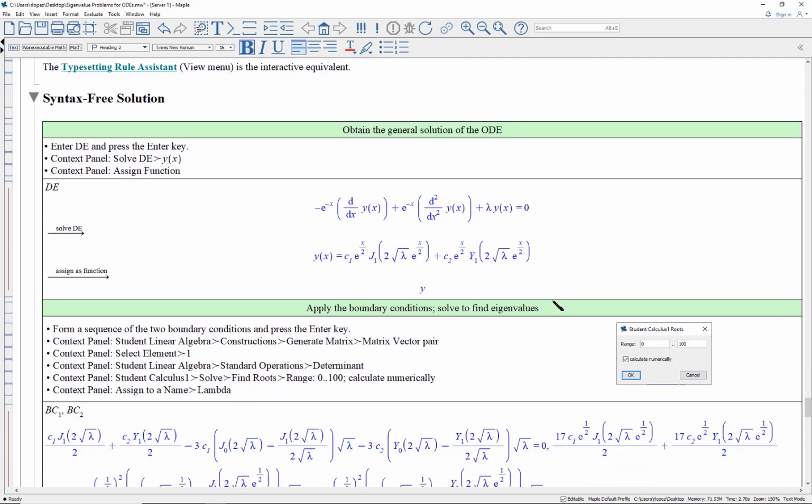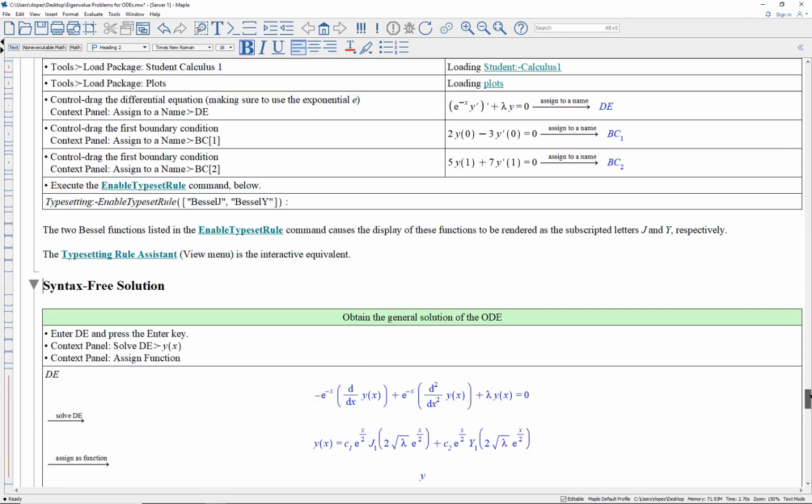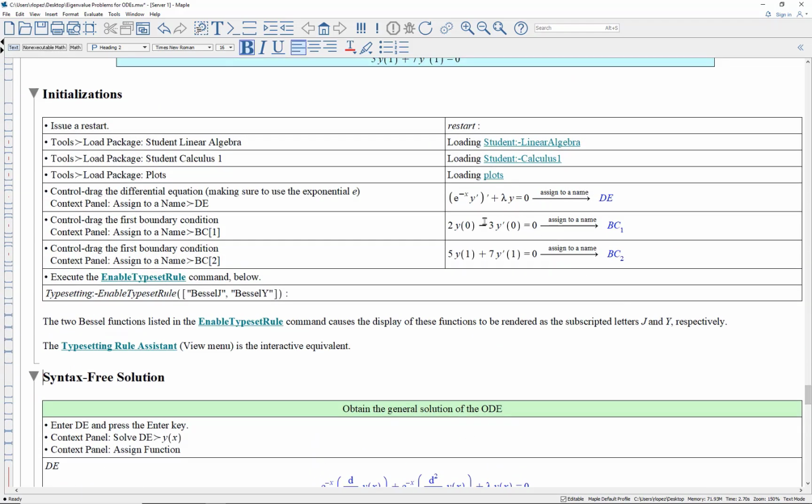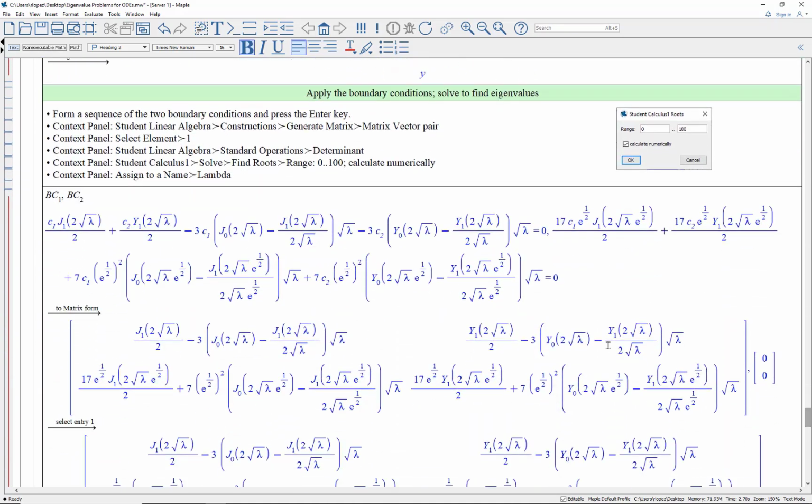Apply the boundary conditions. Here are the two boundary conditions. Now the boundary conditions had the letter Y at 0, Y prime at 0. Maple understands that notation. It writes the two boundary conditions. Here's the first one. It ends at this comma.